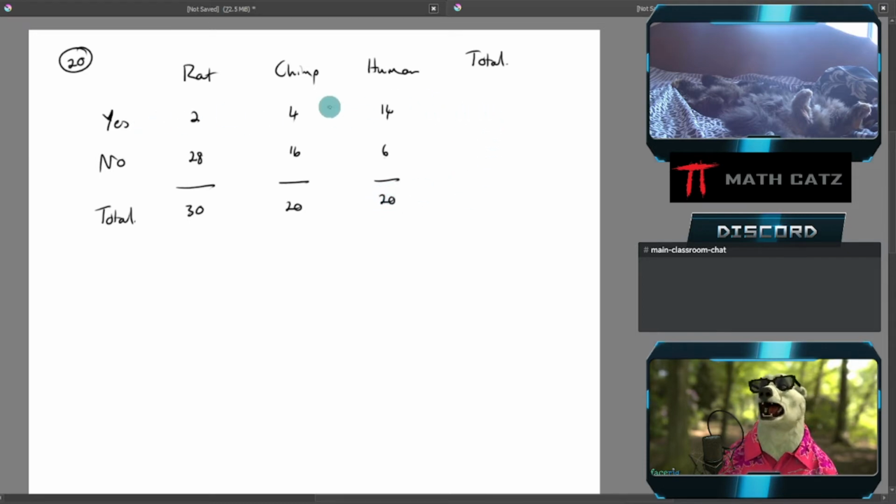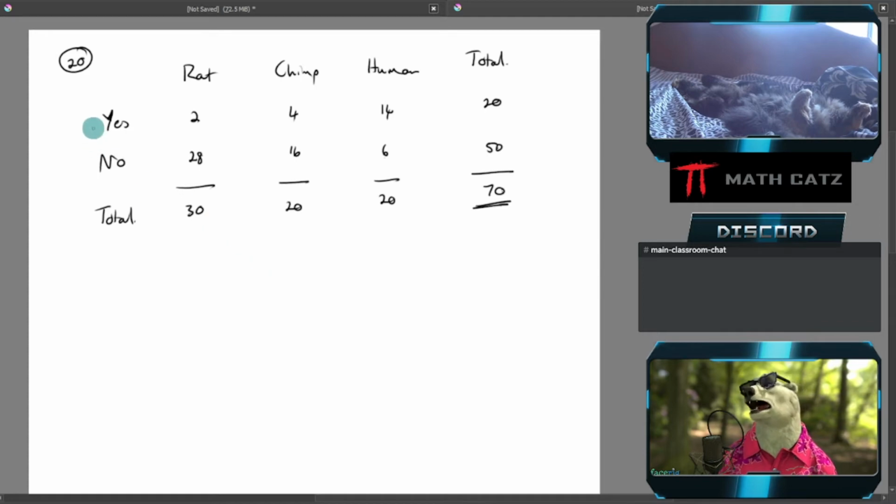Add up the rows, rather. 2, that's 6, that's 20. 28 and 16, 44, so 50. We add those up, we get 70. So there were 70 individuals tested in this study.